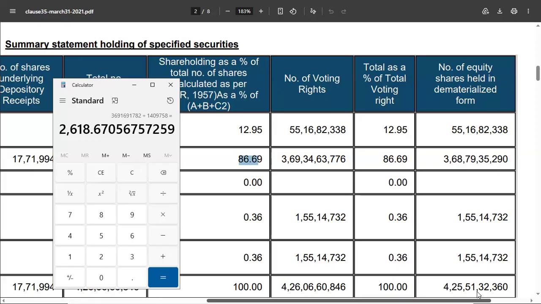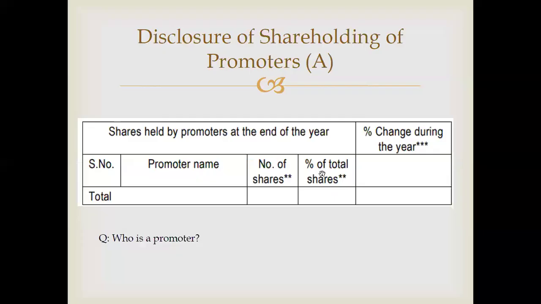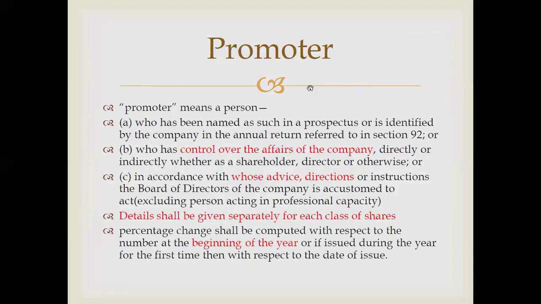This difference is about promoters, and it makes me understand why this declaration of promoters is so crucial. Because if I don't have this declaration, we are simply in trouble, as I'm not able to understand the promoters and their shareholdings. So I guess we are clear about what disclosure is and why it is essential.